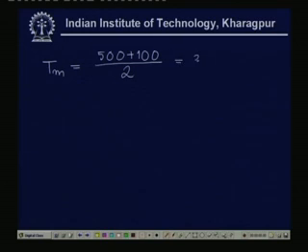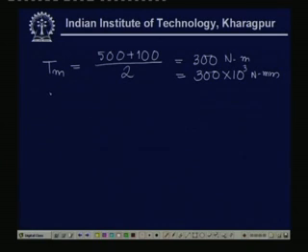So, this comes out to be 300 Newton meter, that means 300 into 10 to the power 3 Newton millimeter. Once we have to change all the dimensions to millimeter.